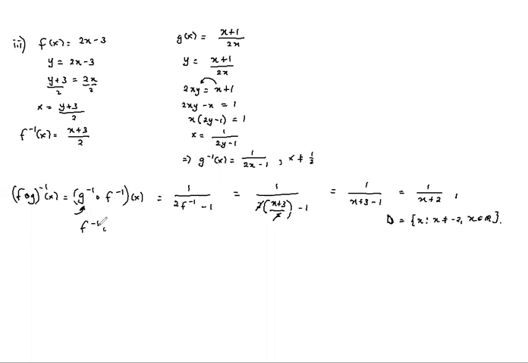This is not the same as this. These are different. They are very much different. So if the question was G of F inverse, we're supposed to write the reverse.